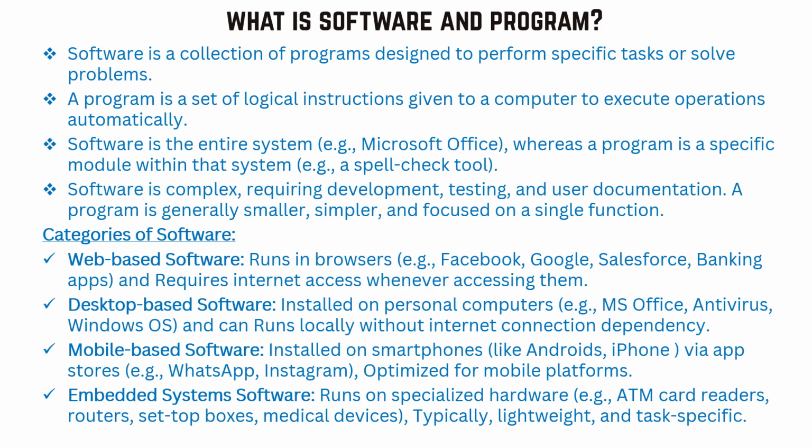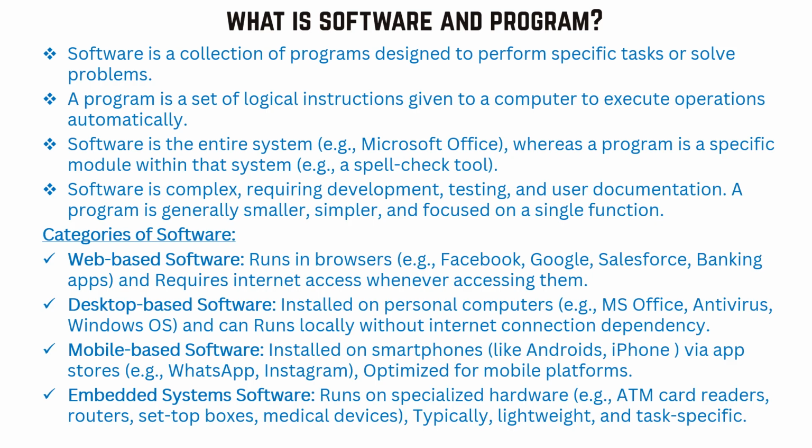So software is a collection of programs designed primarily to perform specific tasks or solve a problem. And a program is a set of logical instructions given to a computer to execute operations automatically. So a program is part of the software, and by combining all the programs, software can be designed.